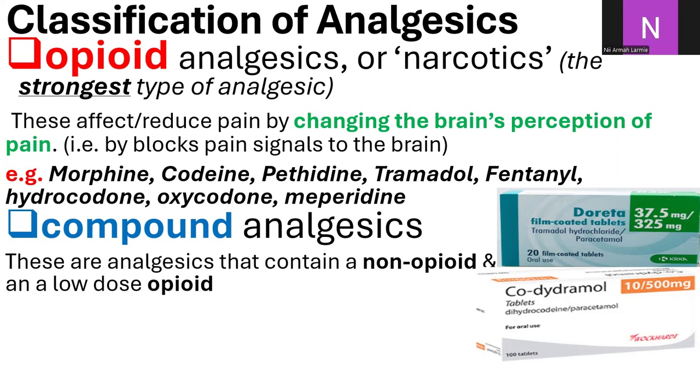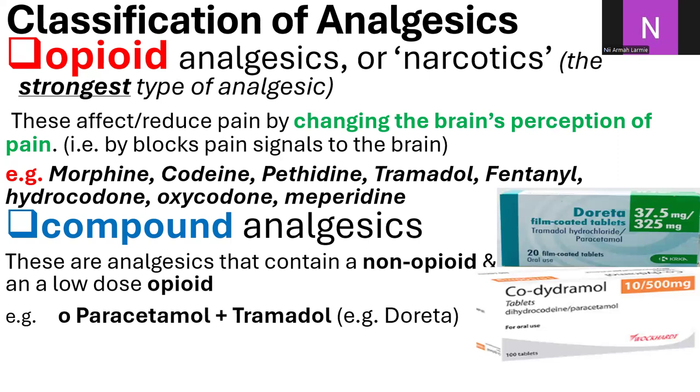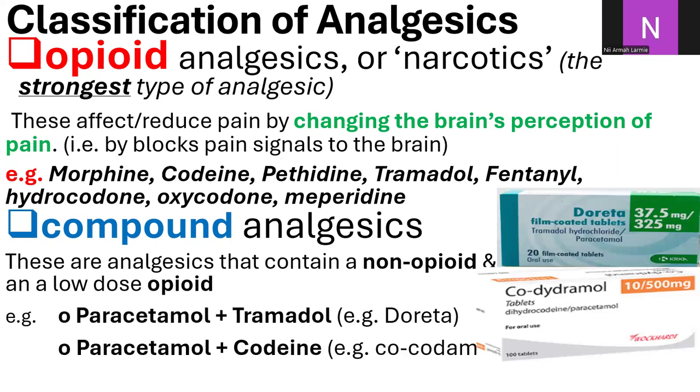Now, when you combine a simple analgesic and an opioid analgesic, you get a third class of analgesics known as a compound analgesic. So note that a compound analgesic must contain a non-opioid or a simple analgesic, and it must contain an opioid, usually a low-dose opioid.